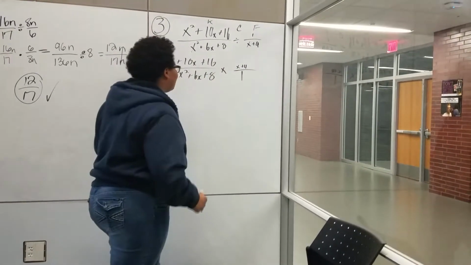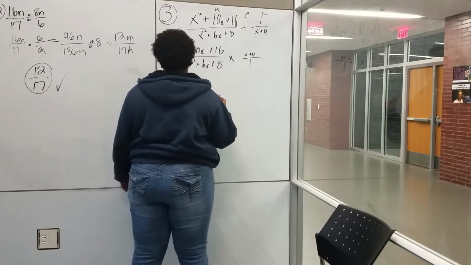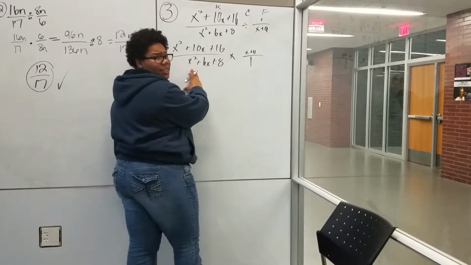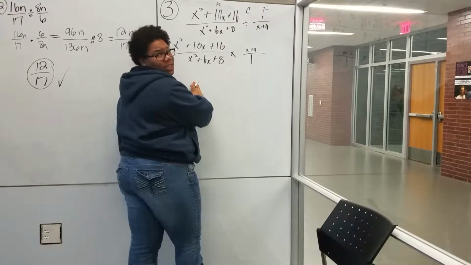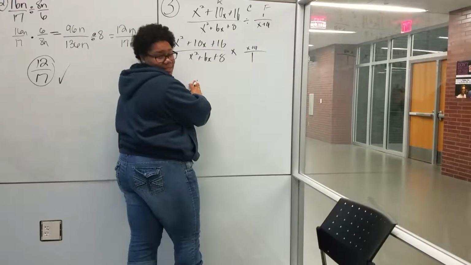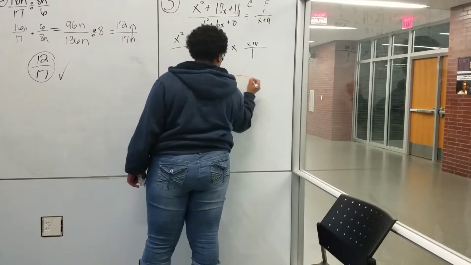Okay, so just multiply across. So x squared plus 6x plus 8 times 1 is x squared plus 6x plus 8. So, that's what we're going to write.